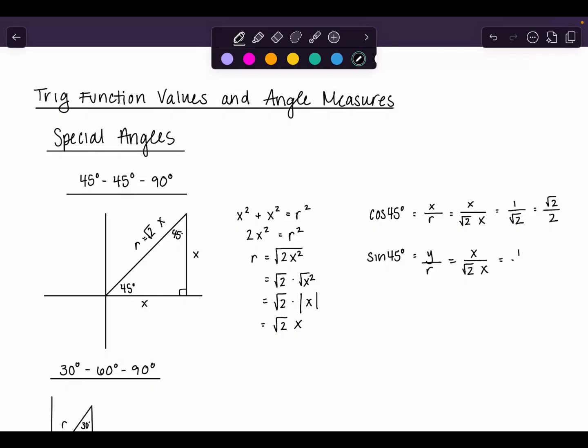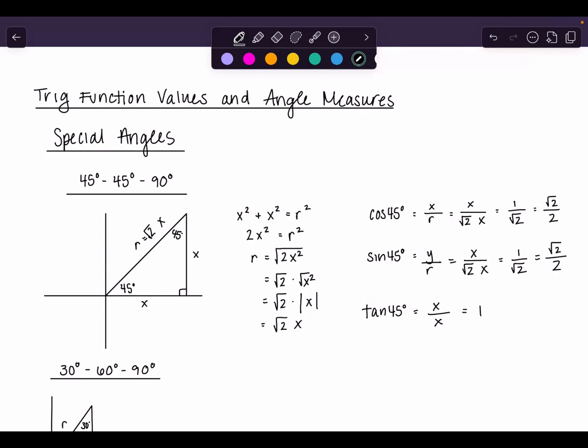So you really end up with 1 over root 2, which is exactly the same thing, root 2 over 2. And then tangent of 45 degrees is going to be opposite over adjacent. So opposite over adjacent results in 1.